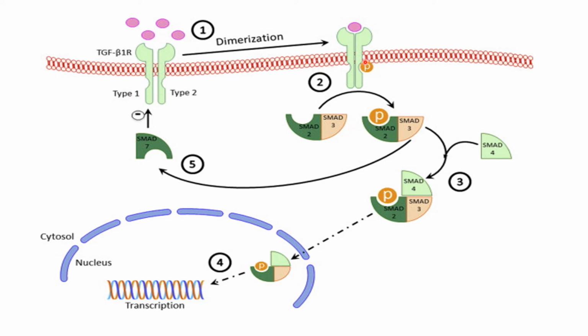After the dimerization process, they phosphorylate, and their phosphorylation also induces a SMAD protein to get phosphorylated. After phosphorylation, the SMAD protein binds with another SMAD to transport towards the nucleus where it enhances transcription. This was about the SMAD proteins.